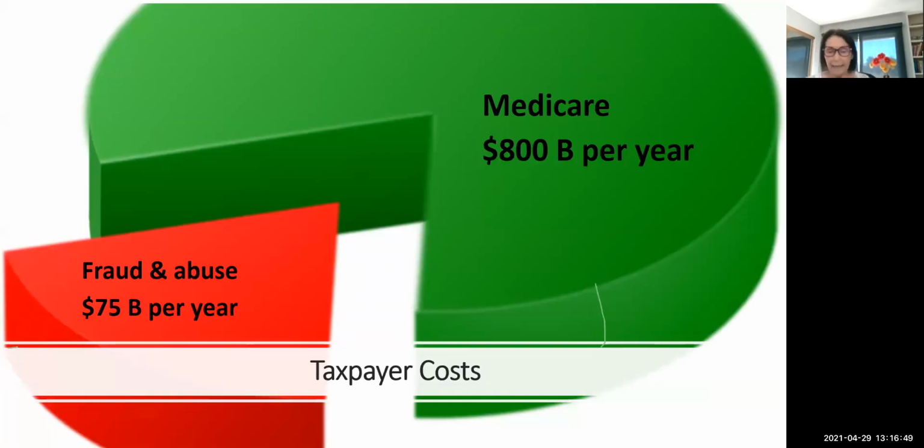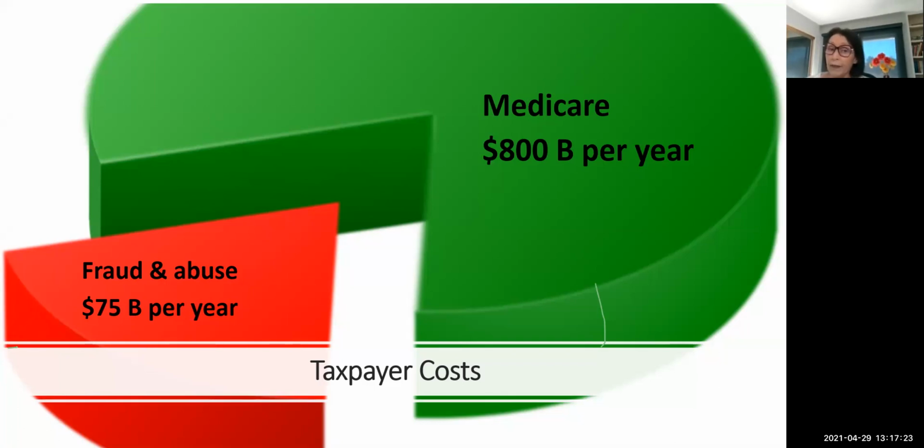Take a look at this graphic. Really, what I want to say here is that Medicare, the government, spends a lot of money on our healthcare. In fact, if you look at this green section, you see that Medicare spends $800 billion a year providing healthcare for us. And that's great. There's 61 million of them in the country in Medicare.